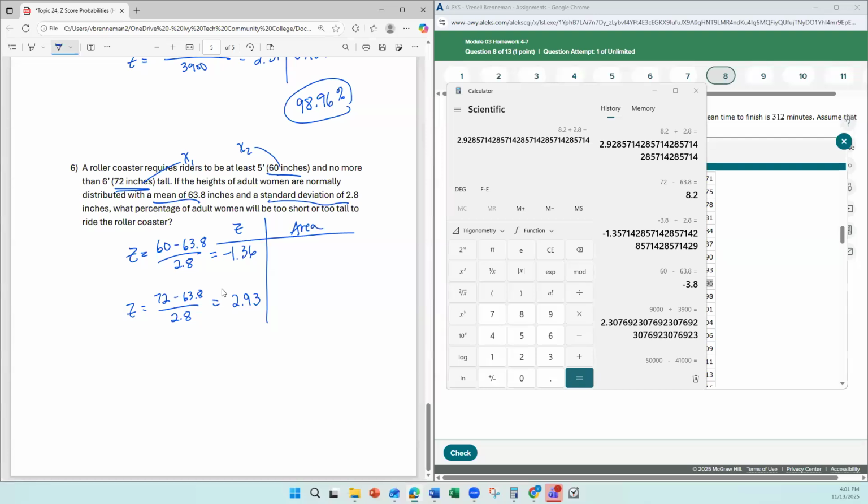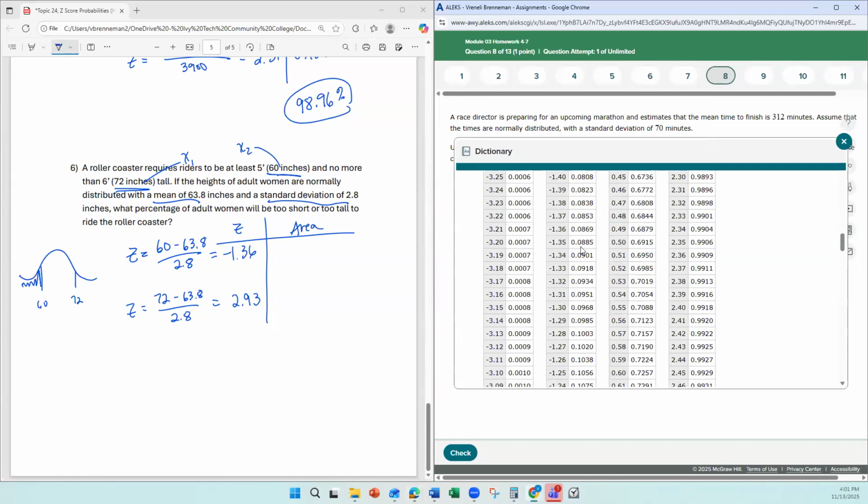Now, for the 60, I want the ones that are below that. So I don't have to do anything fancy with that one. I just look up the negative 1.36, 0.0869. So this is 8.69%.